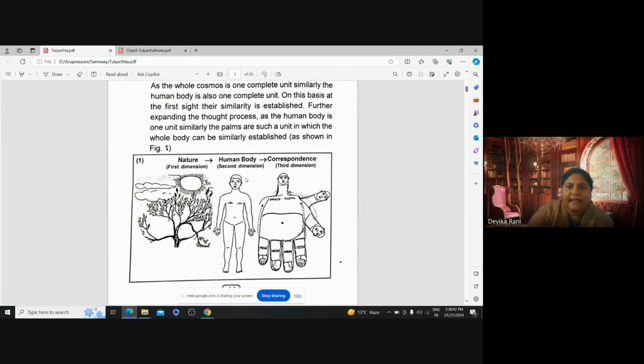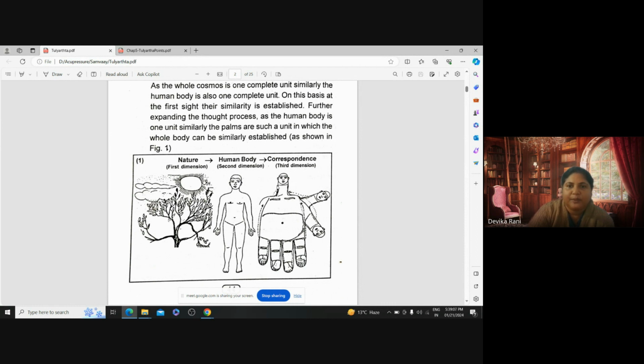Your hand is like one whole unit on its own, just like your body is one whole unit. What they've tried to show is that your thumb will be the head part. So this becomes almost like one whole unit.